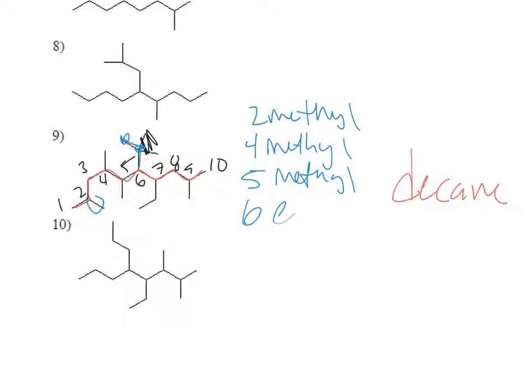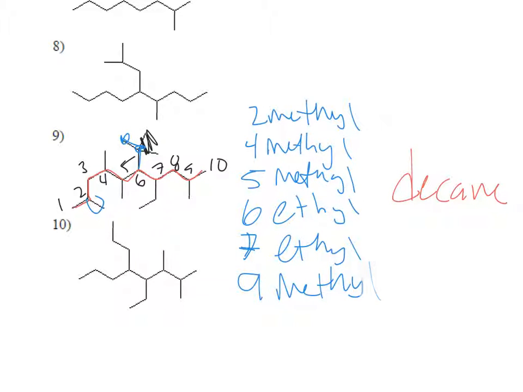So that's 6-ethyl. Number 7, we have another ethyl. 7-ethyl. And at number 9, we have another methyl. 9-methyl. So that's what you should have gotten.